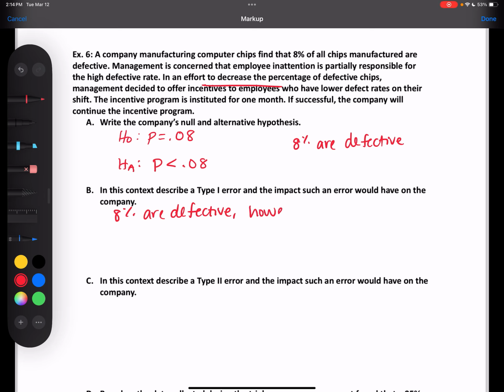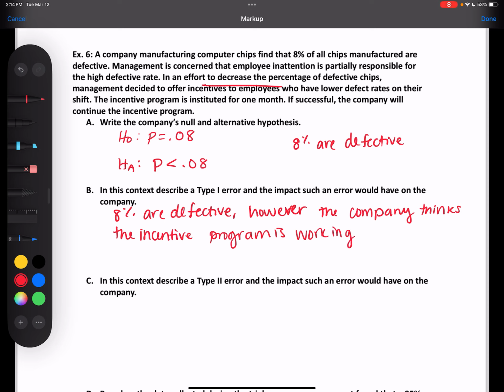However, the company thinks the incentive program is working. And thus, they might spend money on incentives that didn't work.